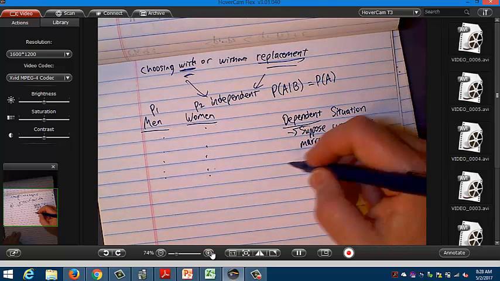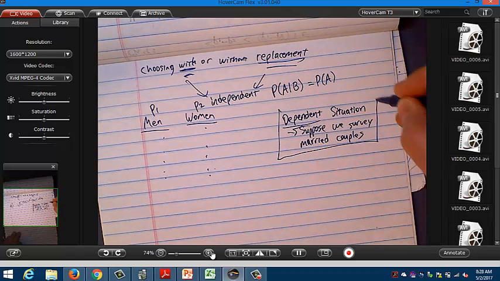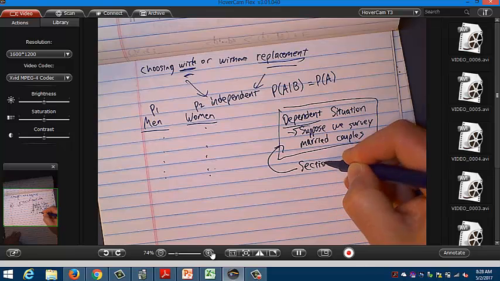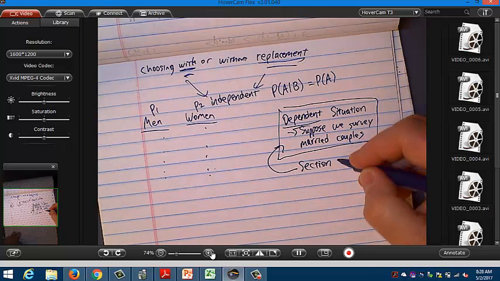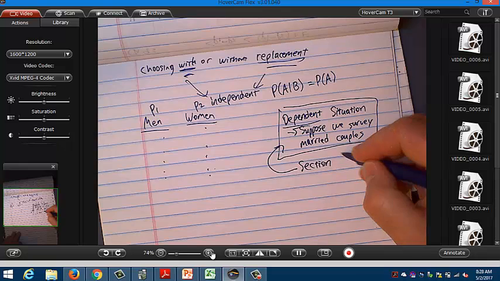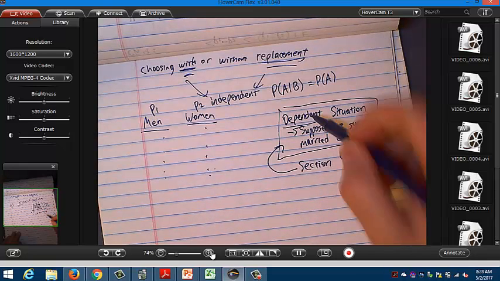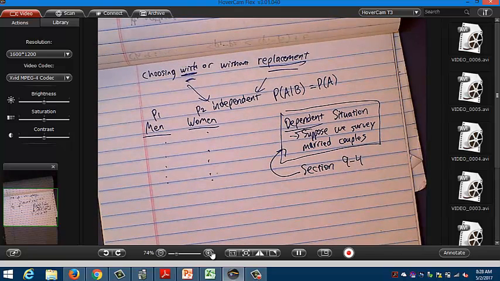So that's tomorrow. This is what we're going to talk about in section 9.4 tomorrow, okay? In section 9.4, we're going to take care of this very special case where things are dependent.